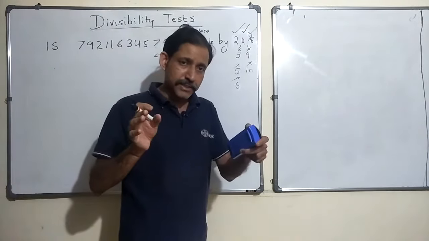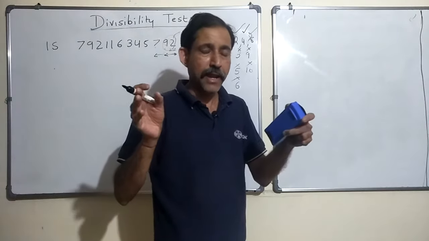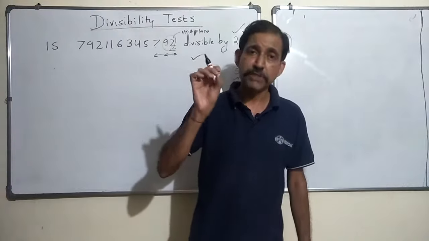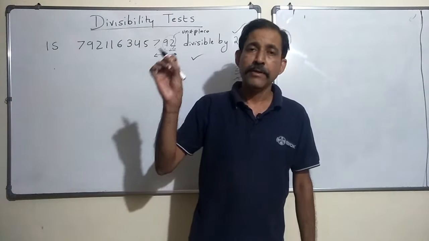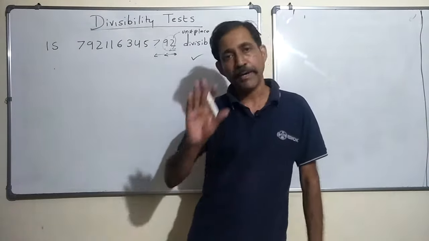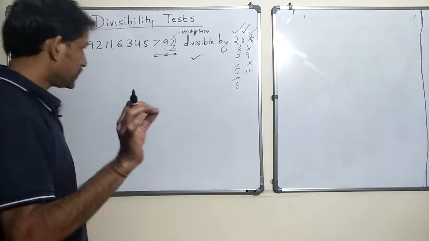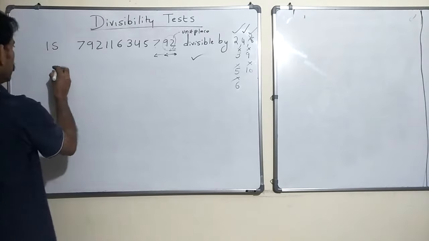You take the digits in the odd places and add them. And the difference between the two, if it is divisible by 11, then only the number is divisible by 11. Alright, if you have not understood, doesn't matter, I am going to do it for you.